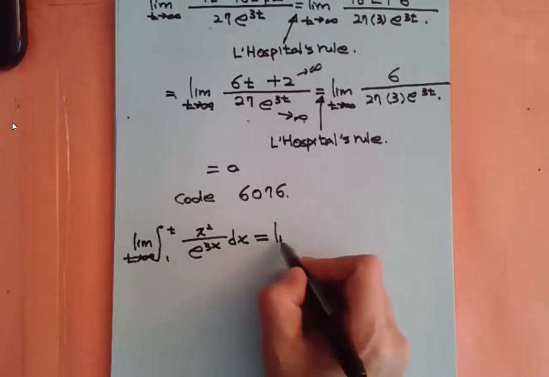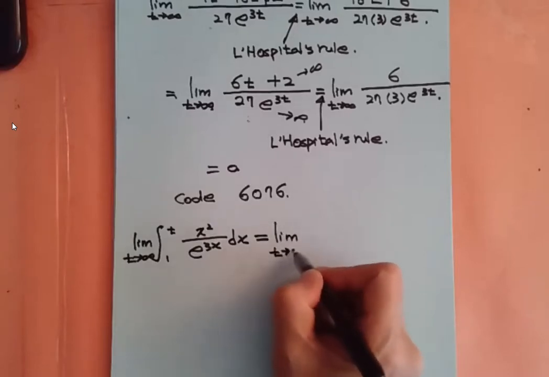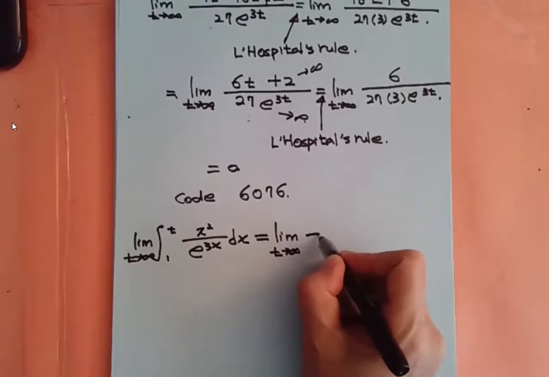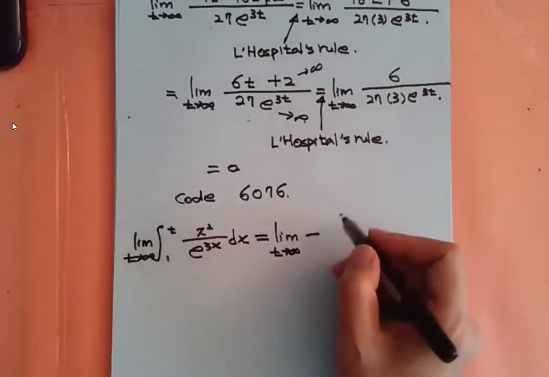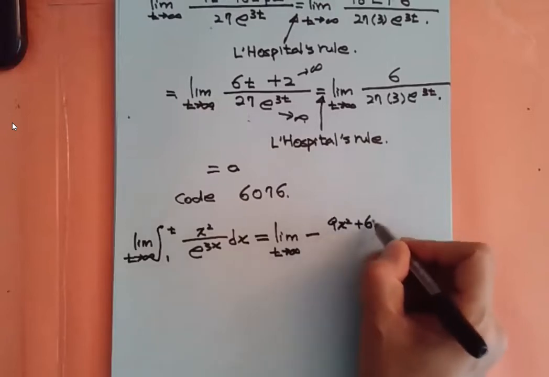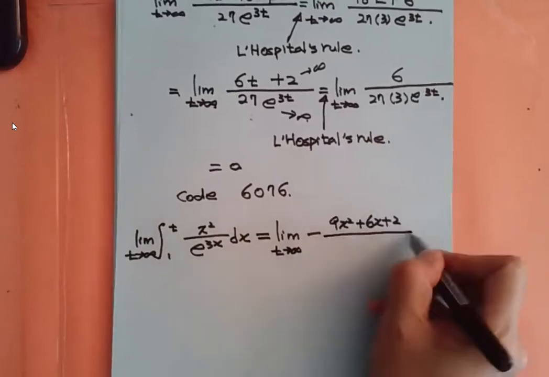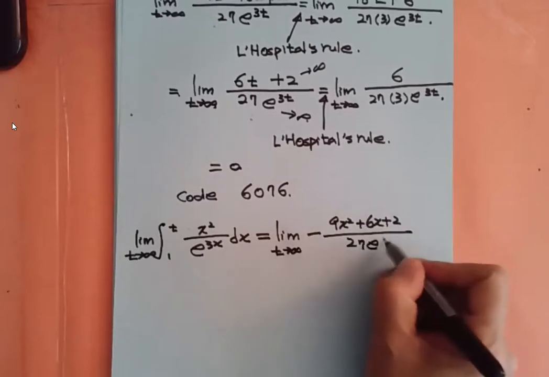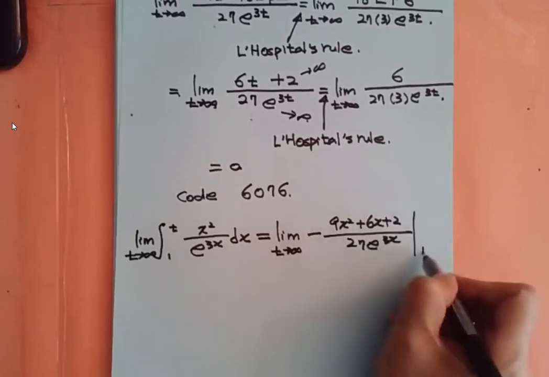So we obtained the antiderivative, which is minus 9x squared plus 6x plus 2 over 27 e to the 3x, from 1 to t.